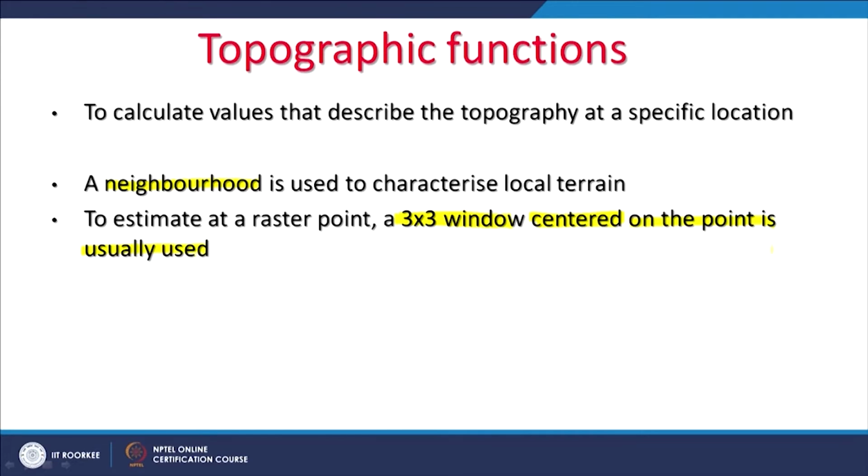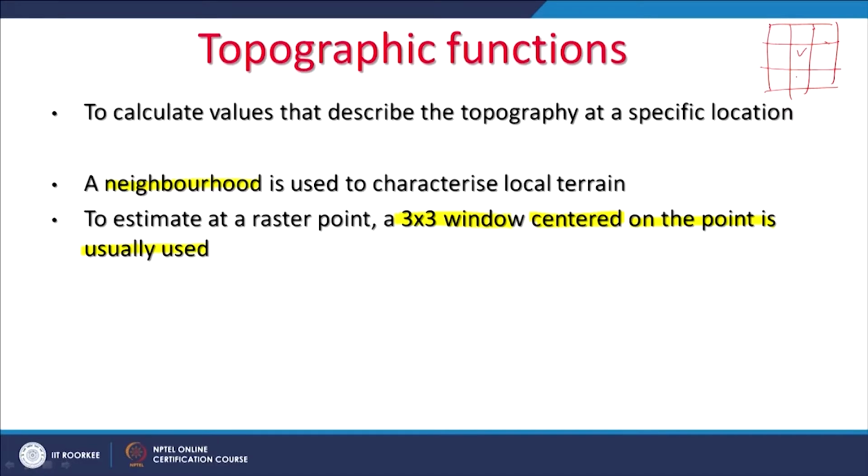So, if I am having a 3 by 3 window, then that window will move throughout the whole digital elevation file or 2-dimensional matrix, and the value for the center cell is decided by looking at the neighborhood cells.